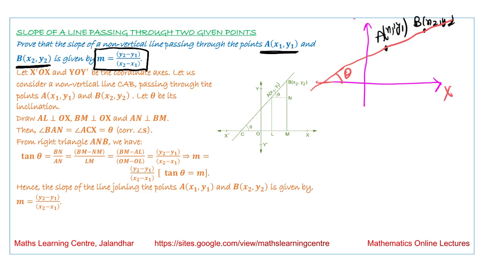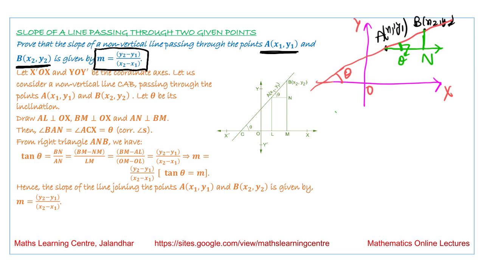This is the x-axis, this is the y-axis, this is the point O. Now at this point A we have drawn a line parallel to the x-axis, at B we have drawn a perpendicular, and where these two meet, we call this point N, and this angle is theta.